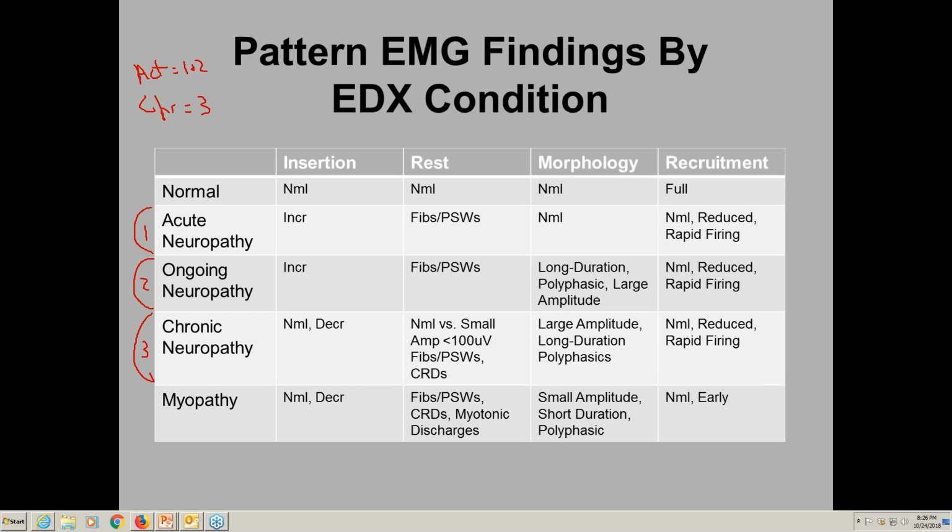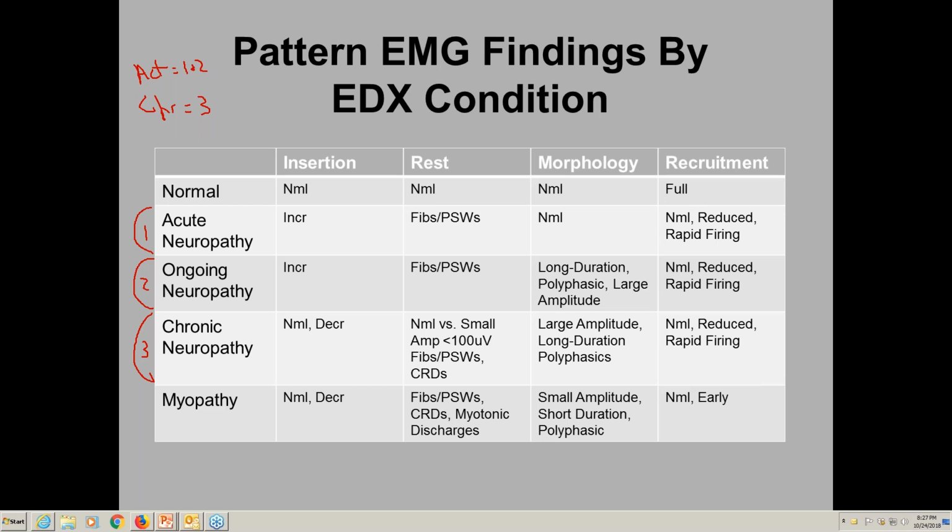Does that make sense? Versus seeing, if you see large amplitude fibs and positive waves, increased insertion with the same large amplitude motor units in those same 3 muscles, what is it? Kathy? We've got FCR, extensor digitorum communis, EDC, and triceps.